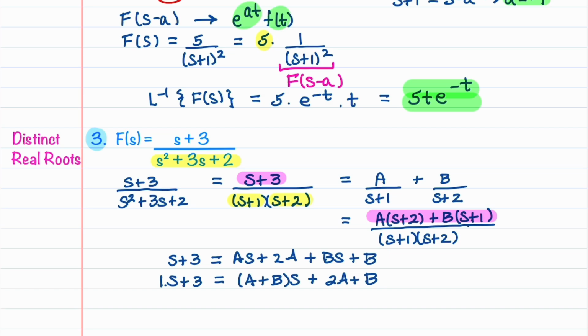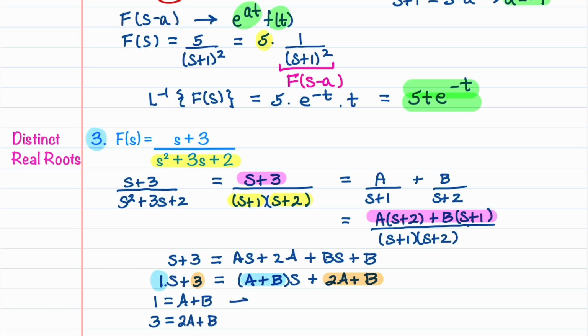To make this equation true, we have to set 1 equal to a plus b, and then we can set 3 equal to 2a plus b. Let's do that. We have 1 is equal to a plus b, and then we have 3 is equal to 2a plus b.